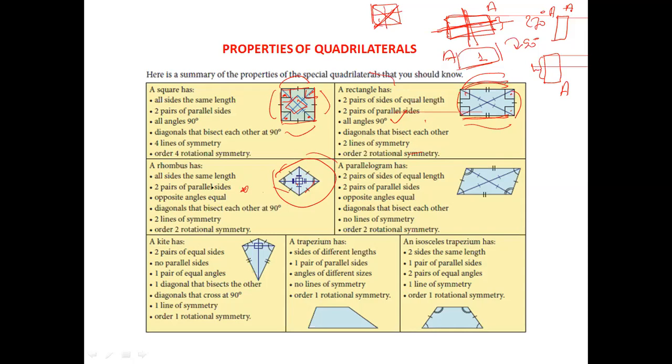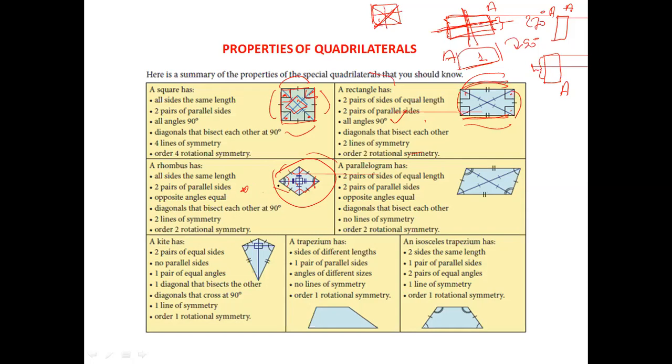For example, two pairs of parallel sides, opposite angles equal. For example, this angle and this angle, this angle and this angle are equal to each other. And diagonals bisect each other at 90 degrees.